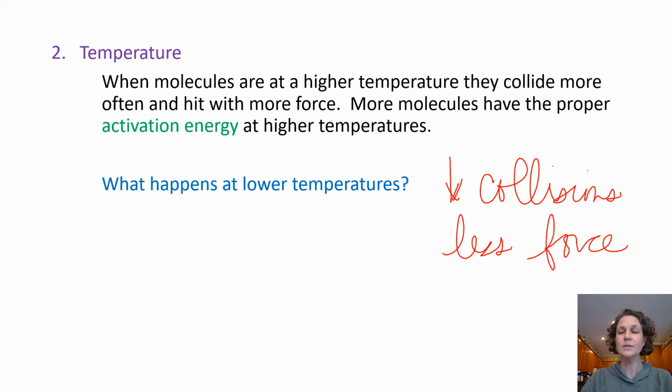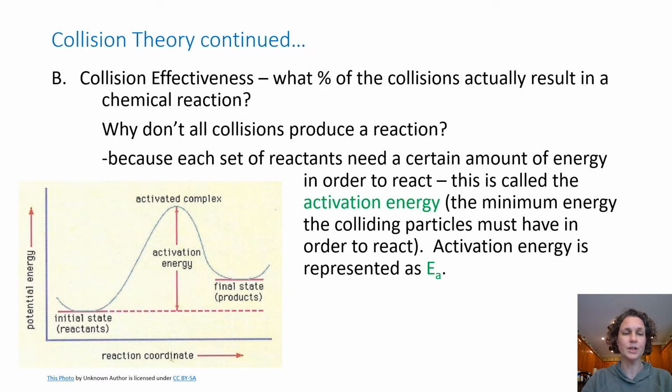Now, back to activation energy. This goes into the second part of the collision theory, which is collision effectiveness. So this deals with what percentage of the actual collisions do result in a reaction. Not all chemical collisions or molecule collisions produce a reaction because they have to have what is called the activation energy.